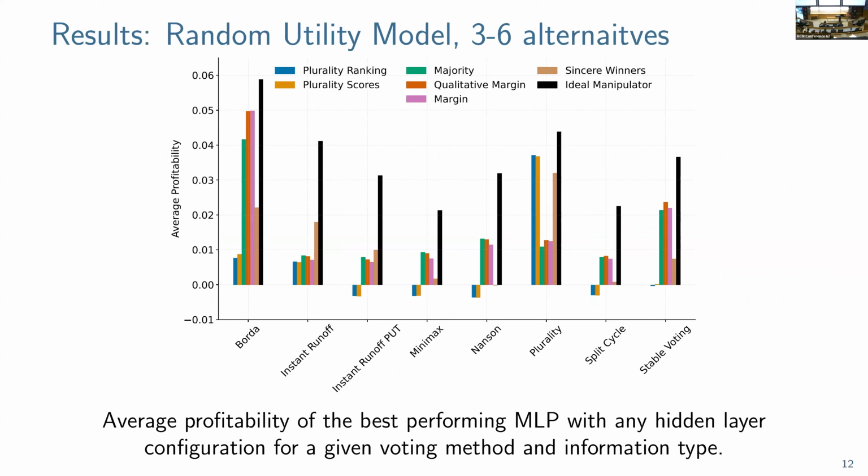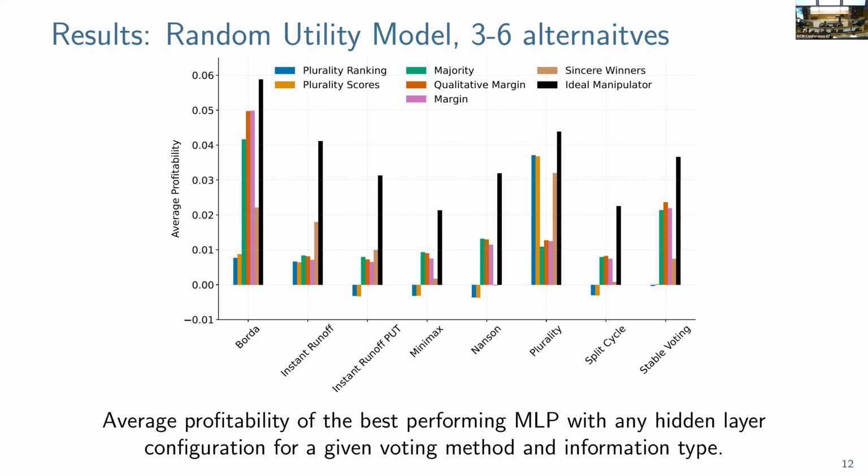And you can see that Borda overall is generally more manipulable. The black line there is the ideal manipulator, so you can calculate what the ideal manipulator might be able to perform. And the neural nets can roughly, of course depending on the type of information you get, but what's interesting here is with Borda, you basically can learn to manipulate no matter what limited information you get. Not as well as in other cases, but generally you can learn to manipulate.